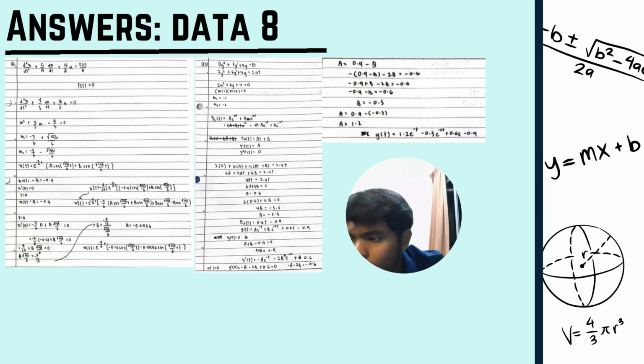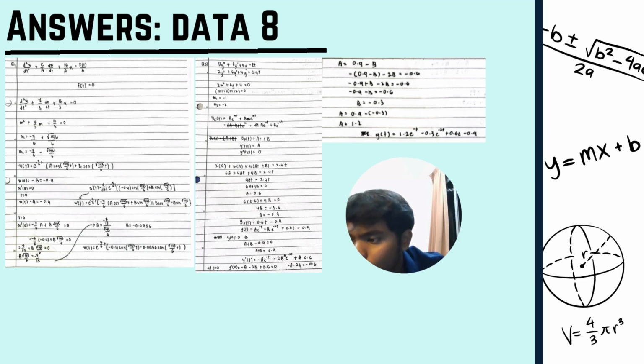So x prime t is going to be e to the power of negative 7 over 6t, in bracket, negative 7 over 6 a cos 143 over 6t plus b sin 143 over 6t, plus b cos 143 over 6t minus a sin 143 over 6t.